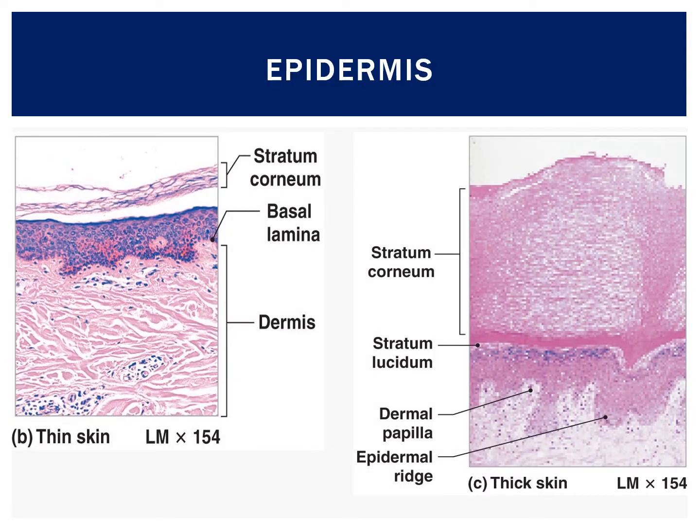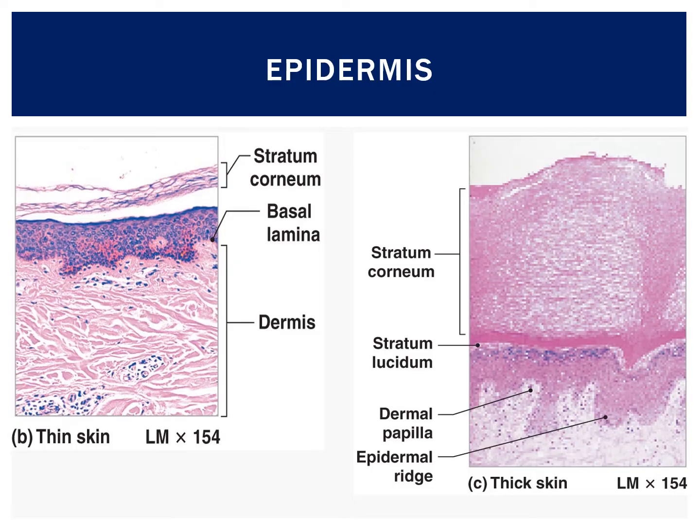Here are the images showing you the difference between thin skin and thick skin. Thick skin has one additional layer of keratinocytes, which is called the stratum lucidum.